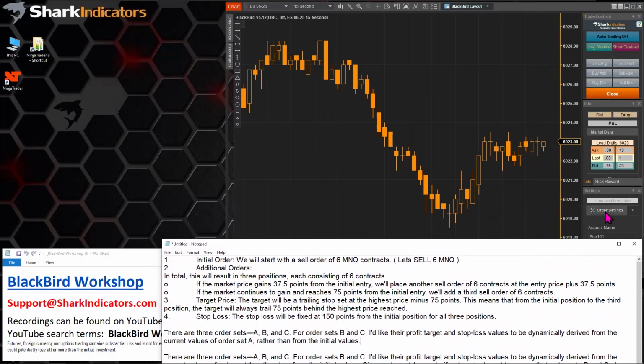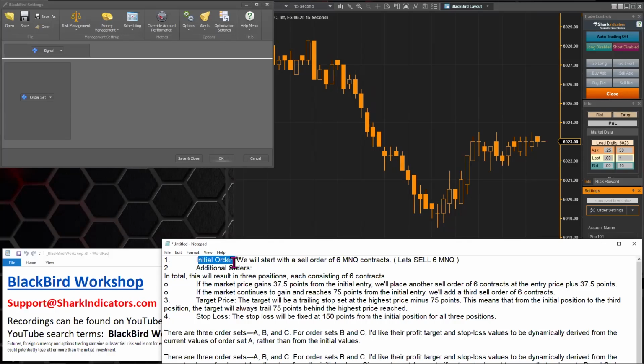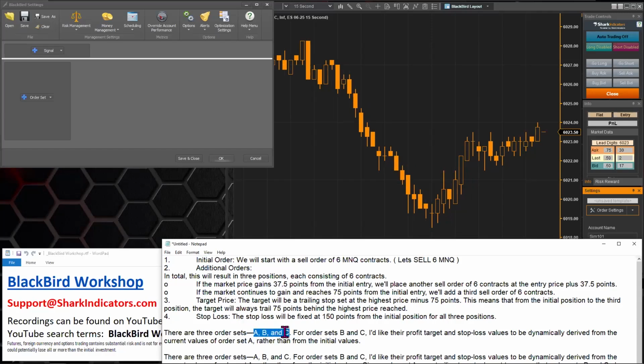All right, so let's get BlackBird open. I'm thinking there's a couple of ways we could approach this. Since we might have three total entry points, in other words three order sets, I'm wondering how I want to approach this.